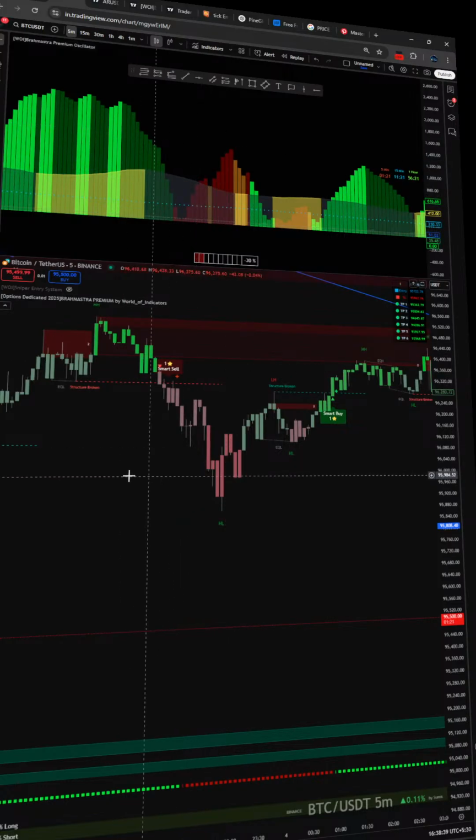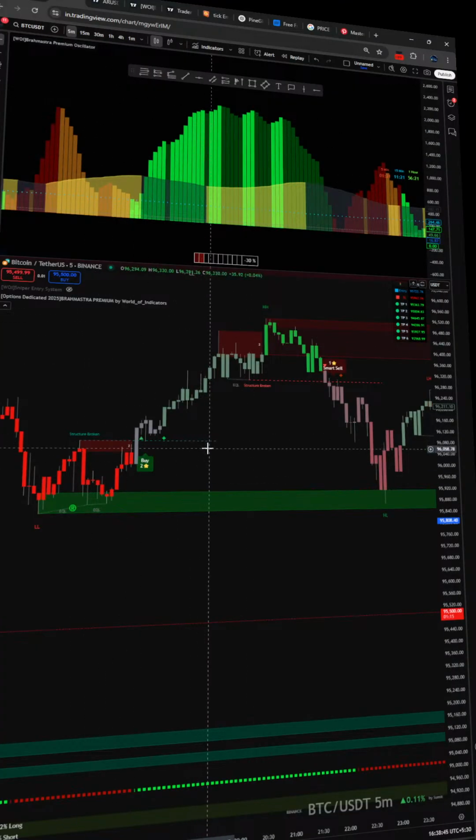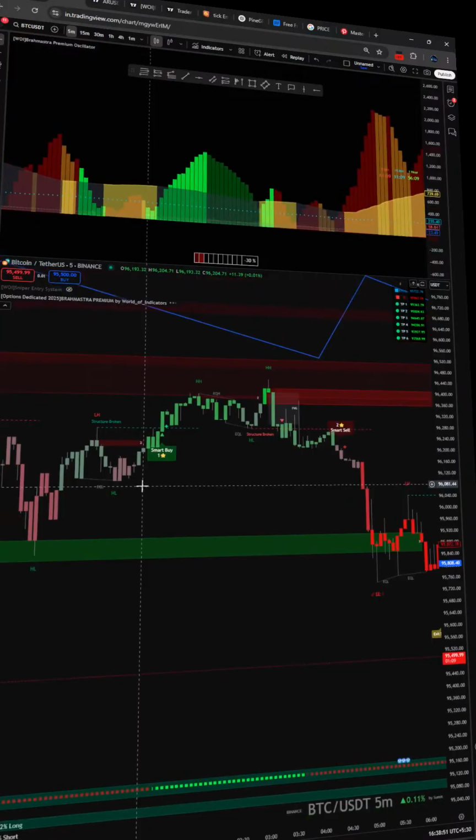Same here, if price is increasing, volume is increasing, look for uptrend. If price is decreasing, selling volume is increasing, look for downtrend.